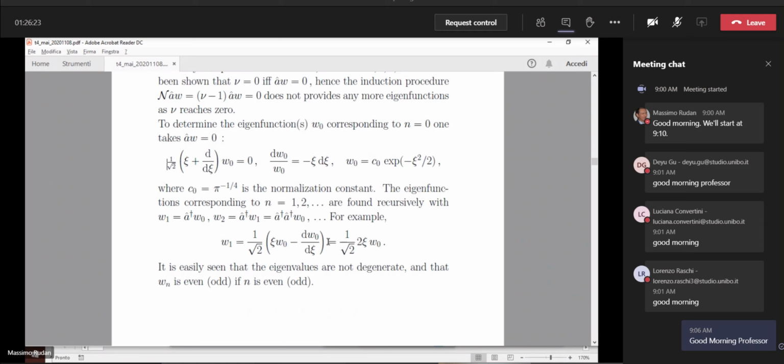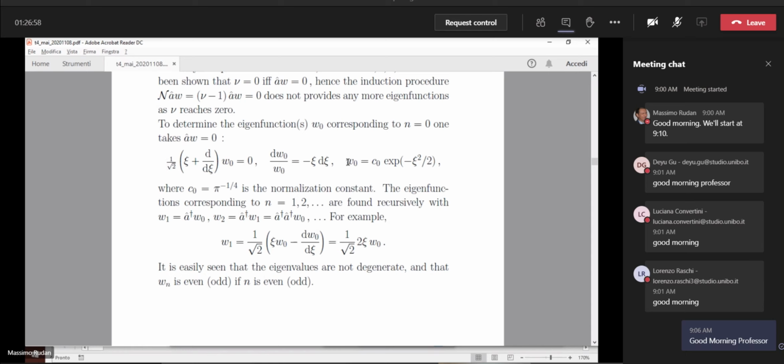So what we find is that the eigenfunctions of the linear harmonic oscillator are alternatively even or odd. Those of even index are also even. Those whose index is odd are also odd. Okay. Another issue is that for a given value of the eigenvalue, the eigenfunction is unique.